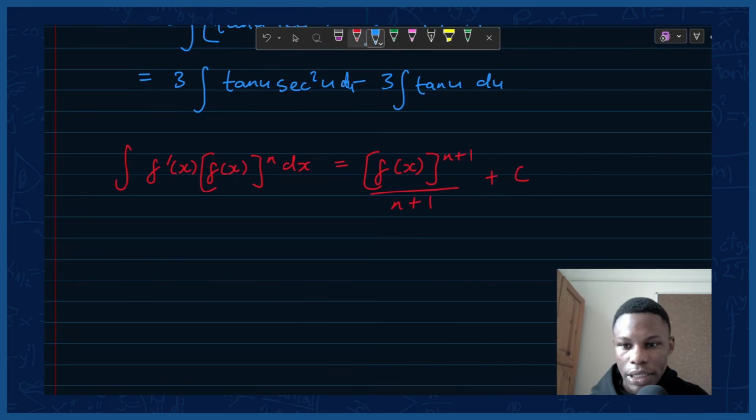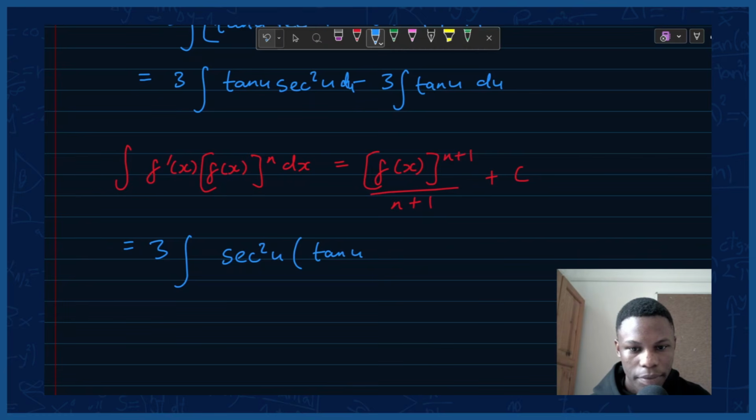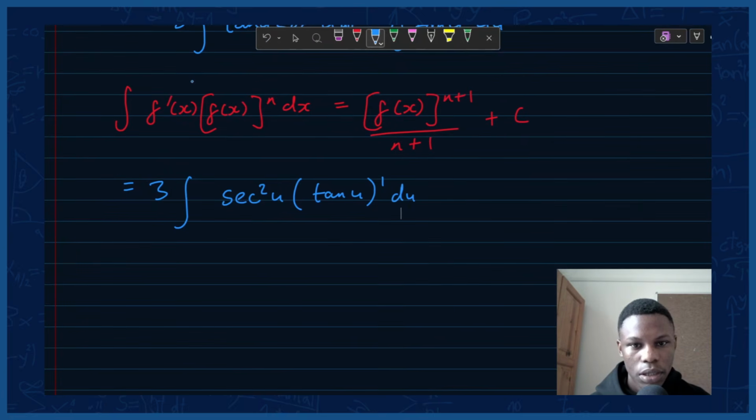So hopefully you can see that here, where I've got tan u, let me swap the order so that it's even clearer. So I've got sec squared u, and then I've got tan u. My tan u is raised to the power 1 because it's just tan, and this is with respect to u. And of course we've got the negative 3 tan u, but that's not the focus right now.